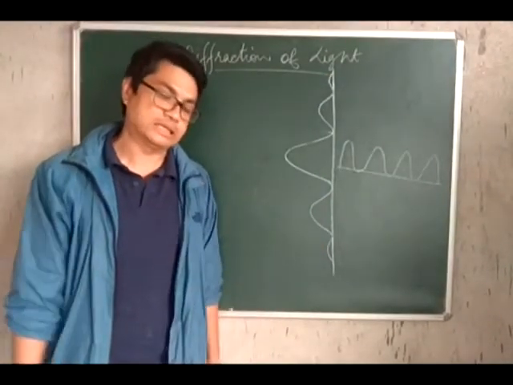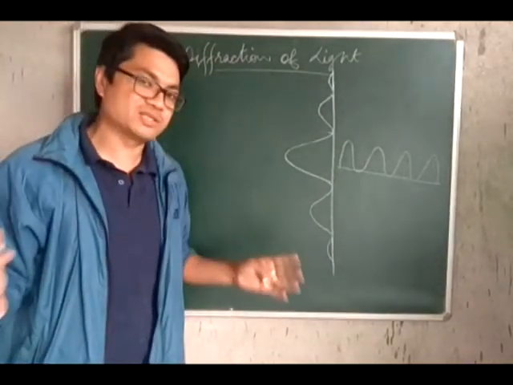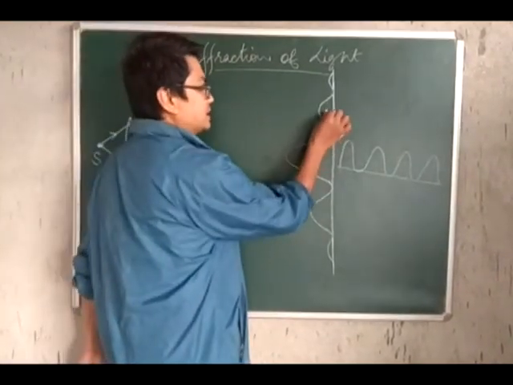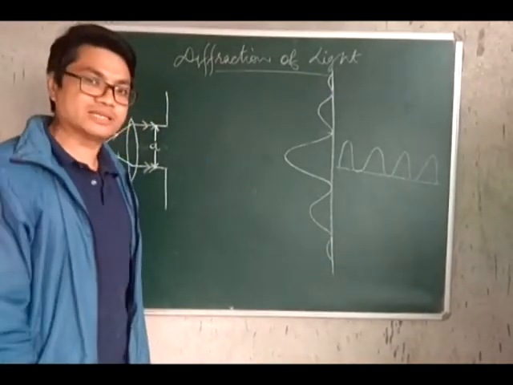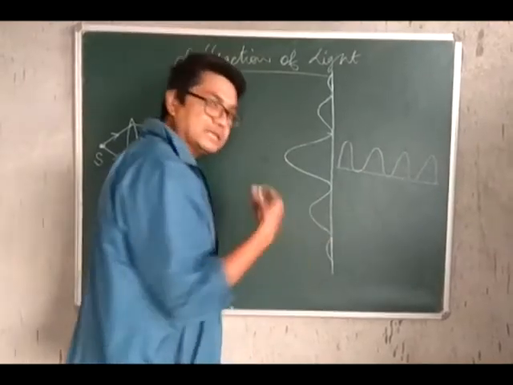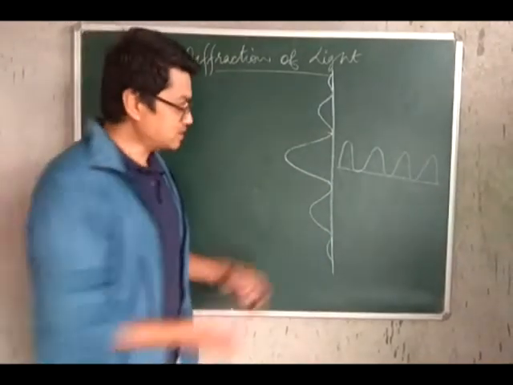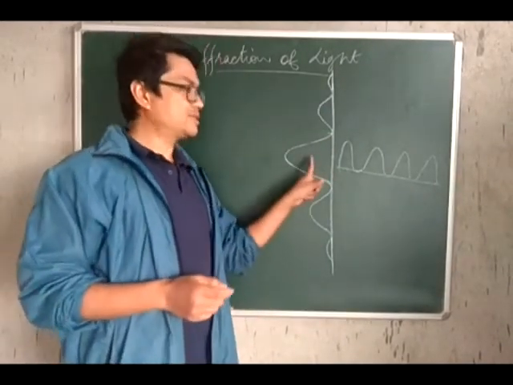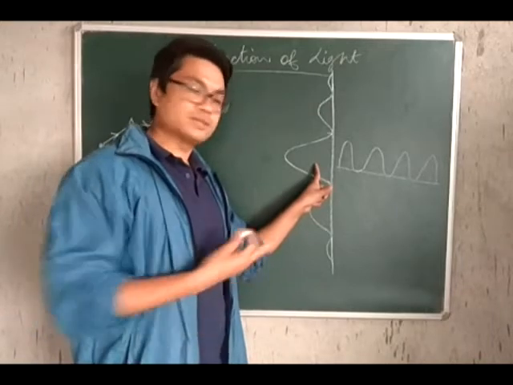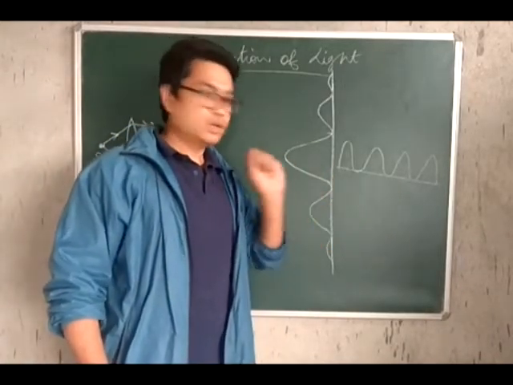It is the central maximum which is the brightest, and after that the intensity goes on decreasing. Yes, they are maxima, but the intensity is lesser compared to the central maximum. So this is the diffraction pattern and this is the interference pattern.